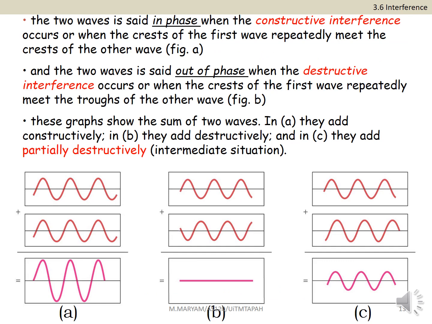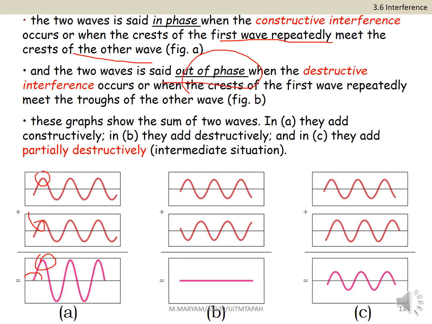The two waves are said to be in phase when constructive interference occurs, or when the crest of the first wave repeatedly meets the crest of the other wave, as you can see in the figure. Crest meets crest, so the waves add constructively, as in the last figure here.